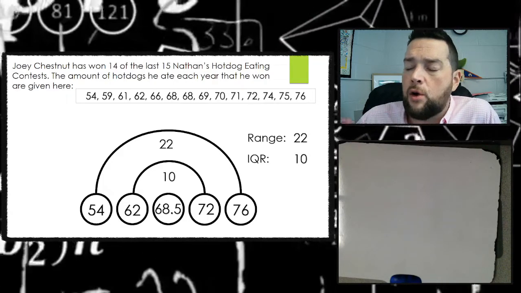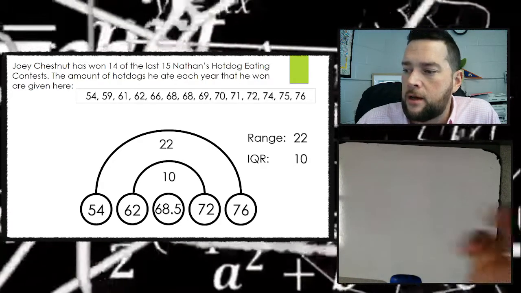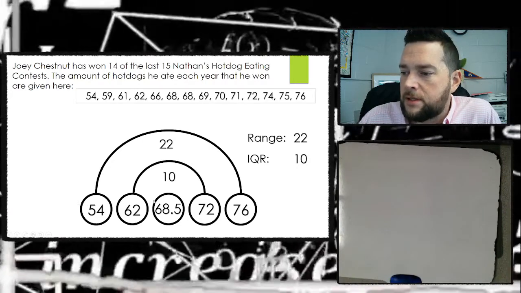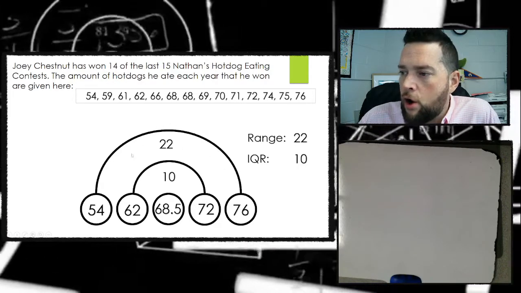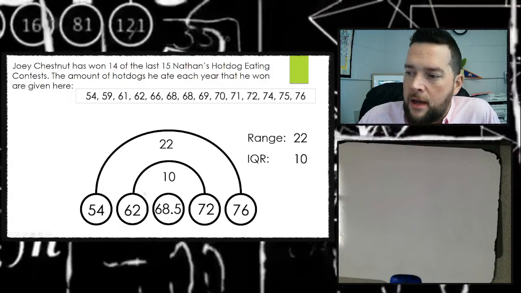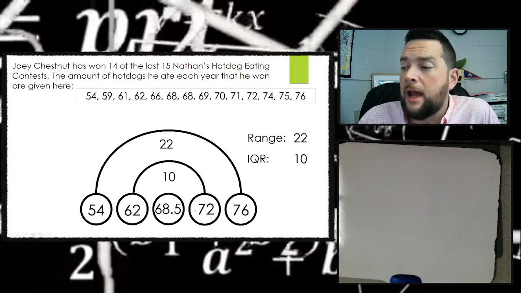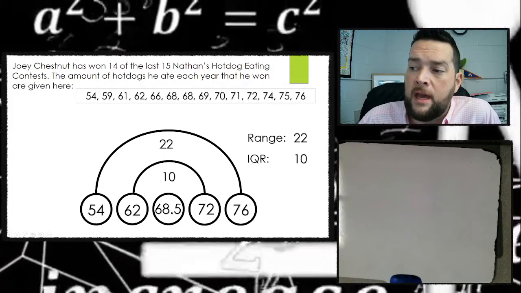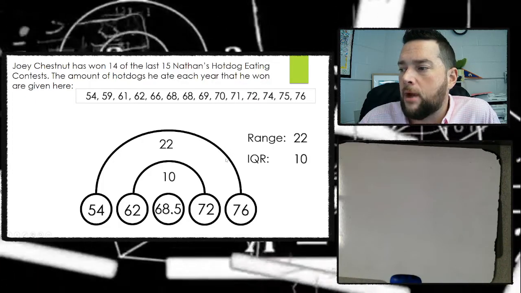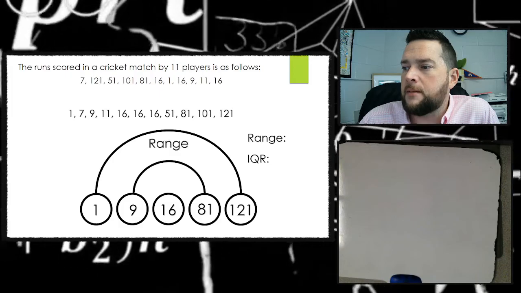For the data set listed up here, the lucky muckiga is 54, 62, 68.5, 72, and 76. Then you create an arch for the big range, and a small arch for the itty bitty range, or the interquartile range, and then you subtract those two numbers, and that gives you your values for range and IQR.